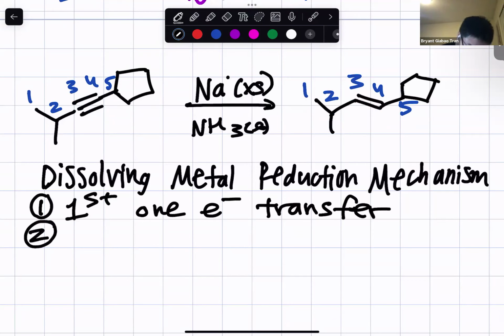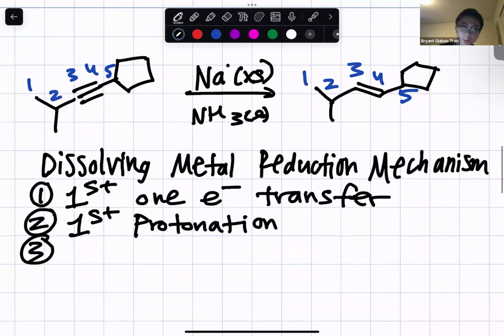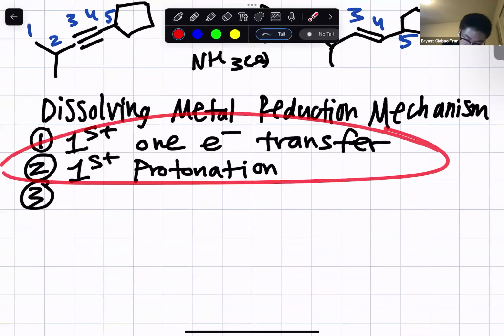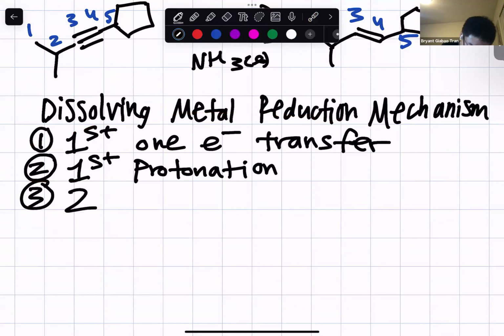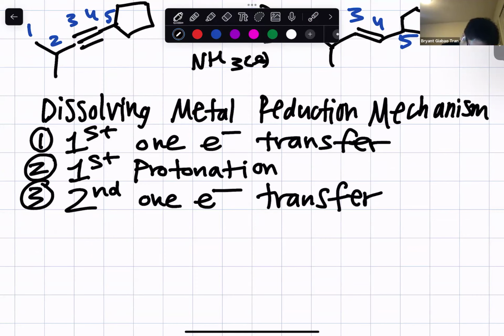The second step is going to be the first protonation step, where we're going to protonate something in the acid-base reaction. The third step is basically the repeat. So the first 2 here is going to be the repeat of this, so the second 1 electron transfer. And then the last step, the fourth step, is going to be the second protonation step.